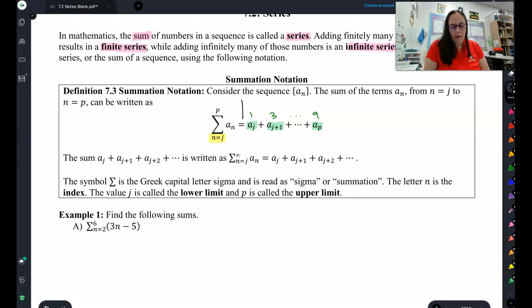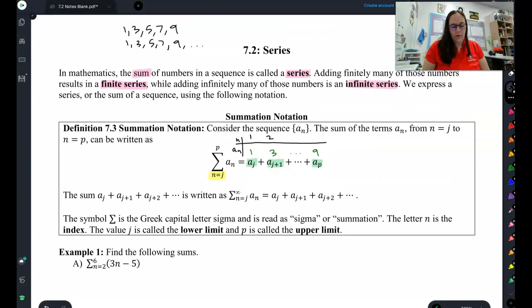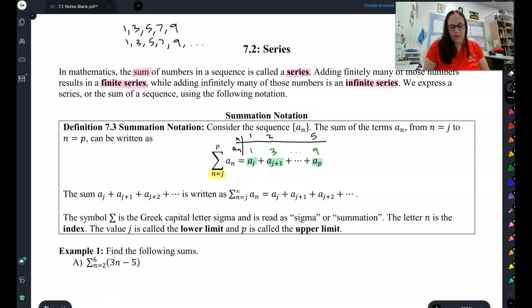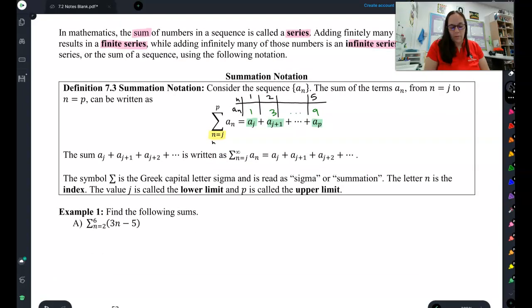So maybe, here's my n, here's my a sub n, like we did last class. This is term 1, 2, and we have 3, 4, and this is term 5. So I would go from n equals 1 up to 5, because that's how many terms of the sequence I'm doing, from the first term in the sequence to the fifth term in the sequence. That's where that 1 and 5 come from.